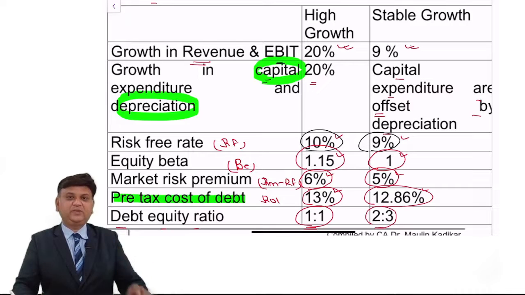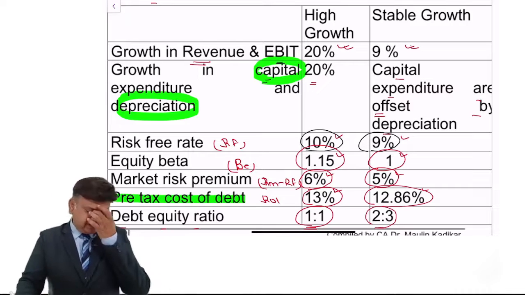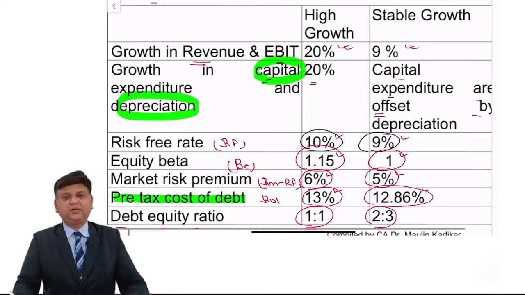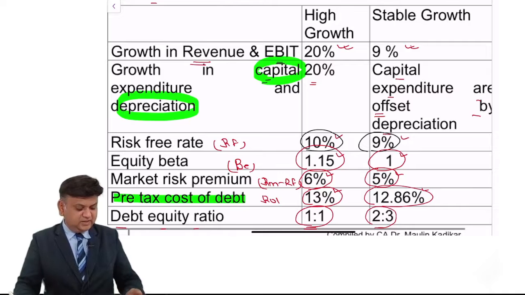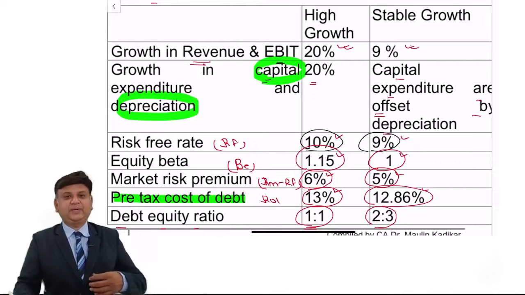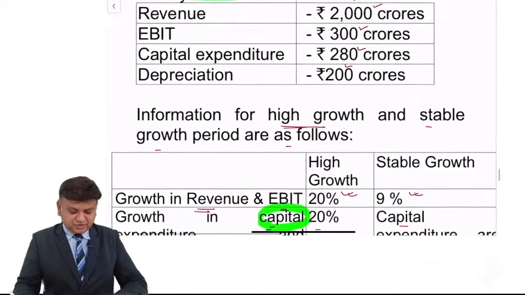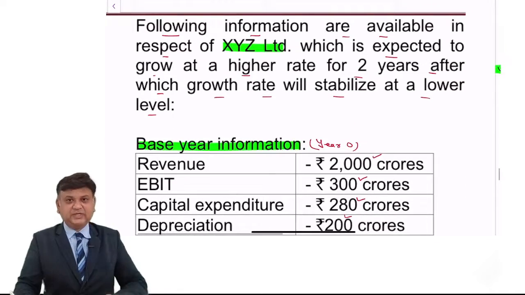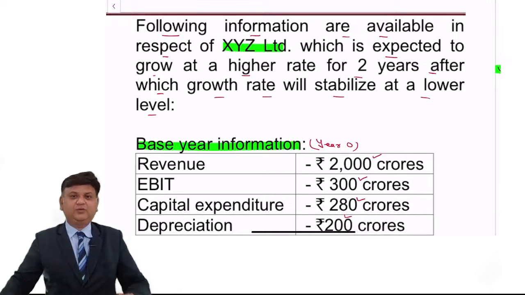That is the way we are required to make the computation of the weighted average cost of capital, like the two separate cash flows for the first and second year, and from the third year onwards for perpetuity. That is what we understand. So let us make the calculation of the answer, and based on that we are going to have further understanding, and individually also we are going to discuss the working notes.